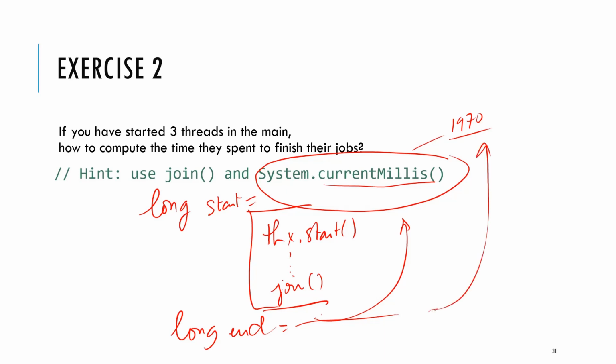So if you subtract those two different values, if you calculate end minus start, then you will get the duration or the elapsed time, but you will get it in milliseconds. So you can divide it by 1000 to get the number of seconds. You can then divide it by 60 to get the number of minutes, and so on and so forth.